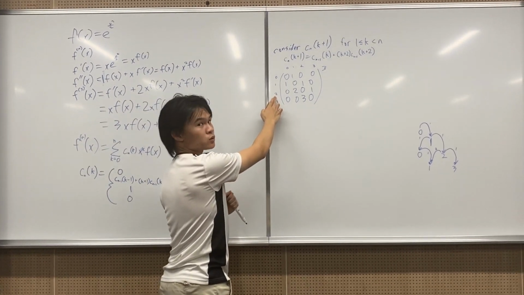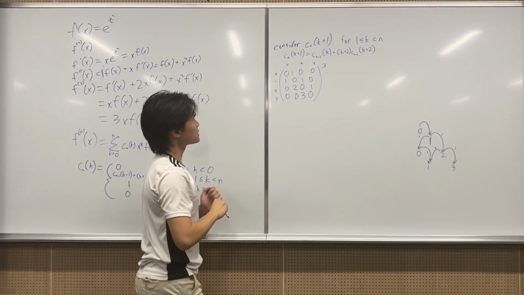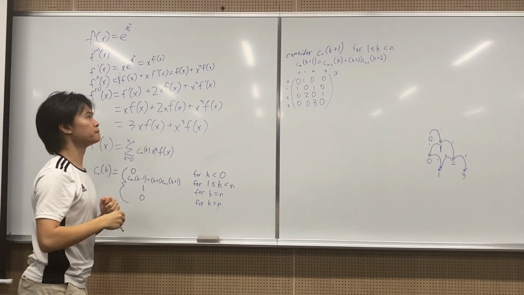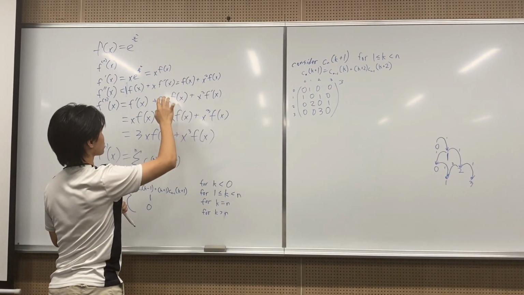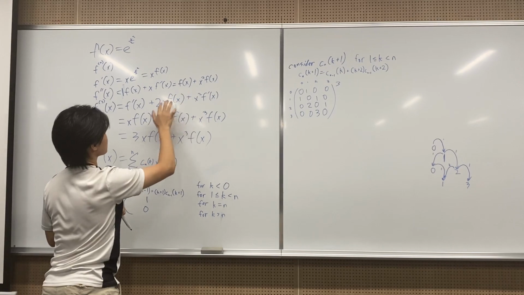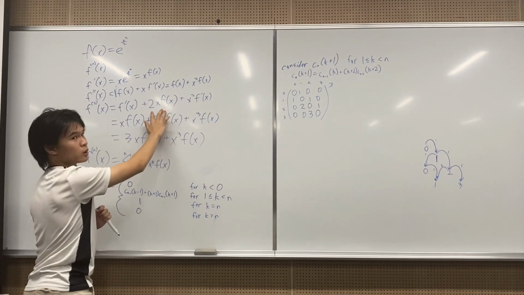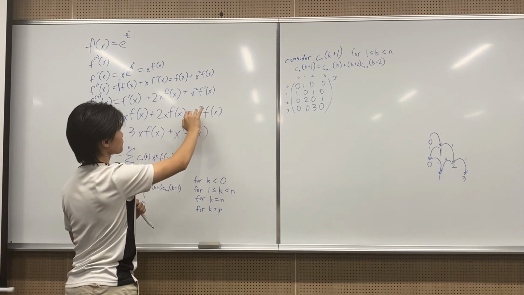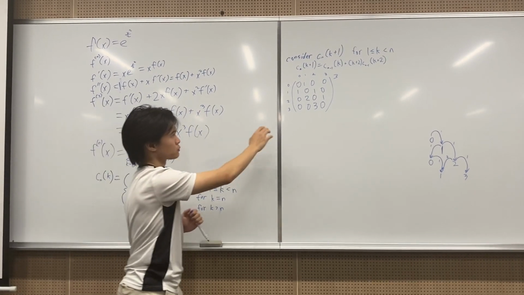Then the second order term is able to contribute 2 backwards to the first order term, and 1 over to the third order term.